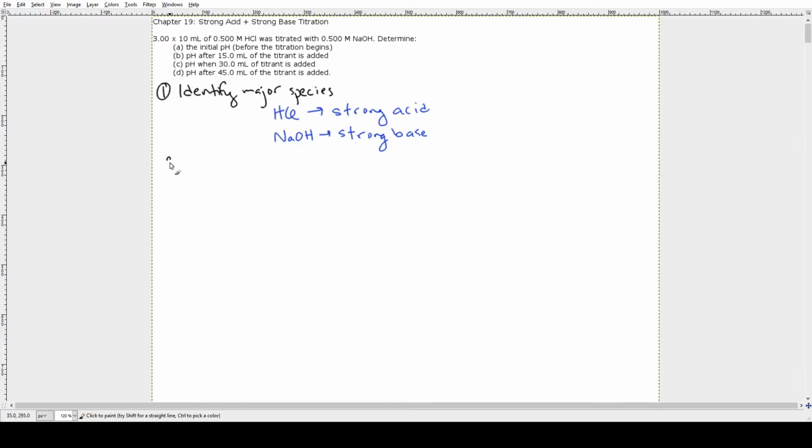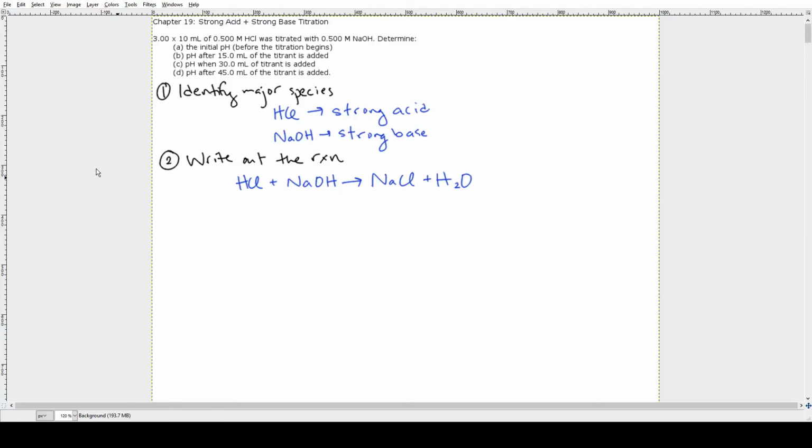All right, next we're going to, as usual, write out our reaction. Okay, well, we know that when you add a strong acid to a strong base, you end up with their salt and water. If you wrote these equations out separately, that's fine.